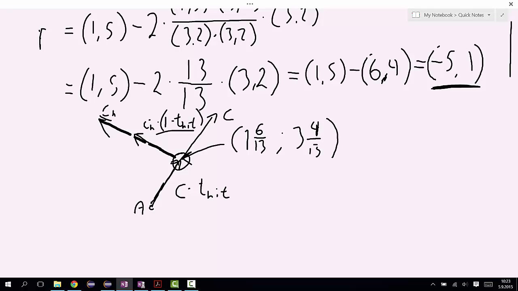So now we have to travel from there. So that's our new A. This is kind of our new A, or our temporary A. So A moves to here first, and then we add the other vector. And in the program, once we've moved A to here, then we actually change the value of A to that, and change the value of A's traveling vector to the new vector. And the old traveling vector doesn't matter anymore because it's already reflected.